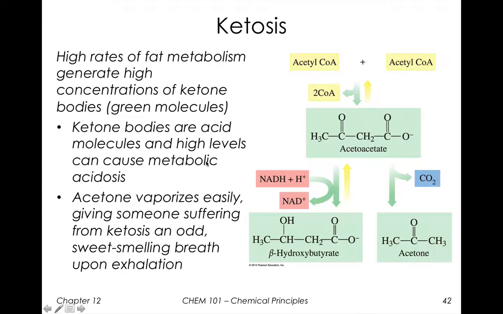You can cause this state of metabolic acidosis, and that's dangerous. But existing in this ketotic state can be really important for diabetics. It can be really important for weight loss. So we'll talk a lot more about that next semester as we learn how some diets work.